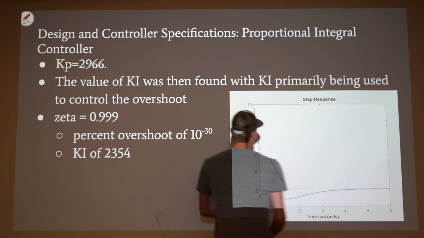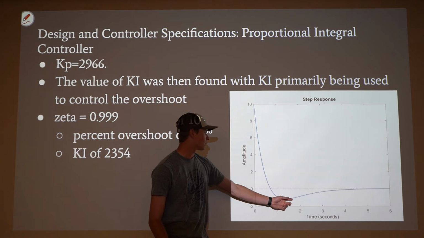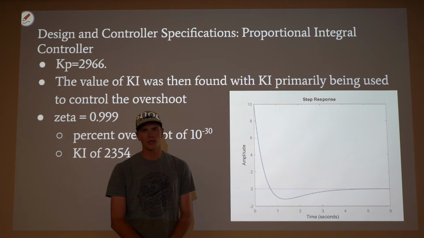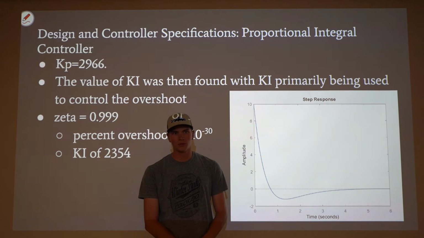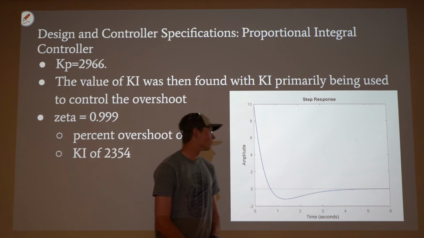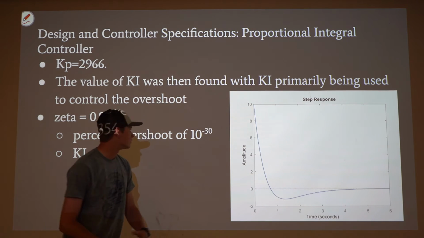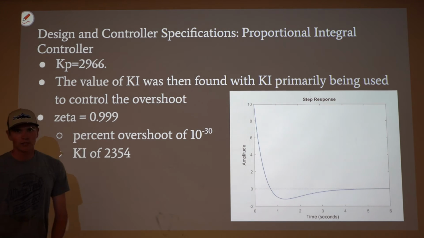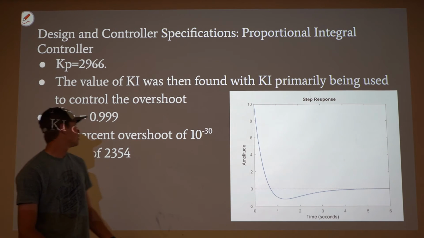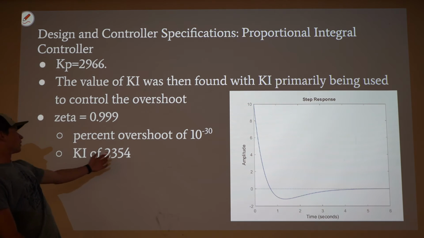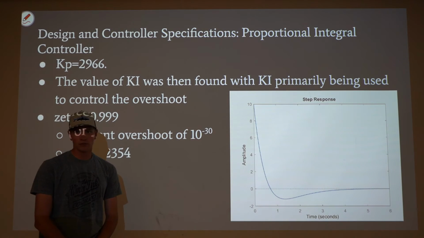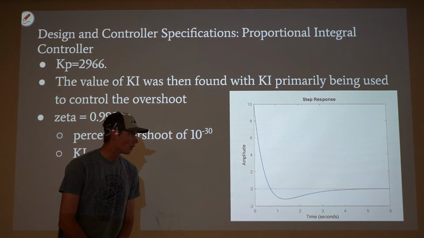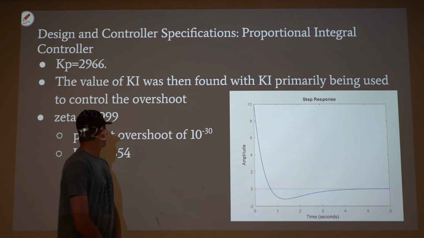And this is seen in this function here, where it will drop below 0, which in our application you cannot have a negative velocity. Once you hit 0, you have to stop. So even when you try to minimize the overshoot using a zeta value of 0.9999, which you want as close to 1 as possible, giving a percent overshoot of less than 10 to the negative 30, which is extremely small, it shows up in the step response as a lot larger than what you want.